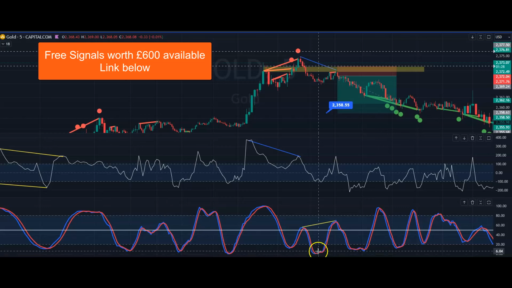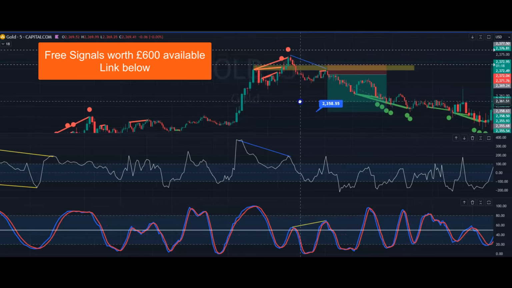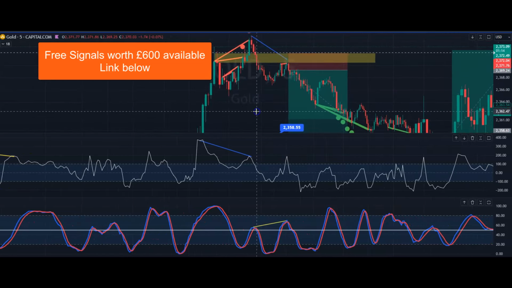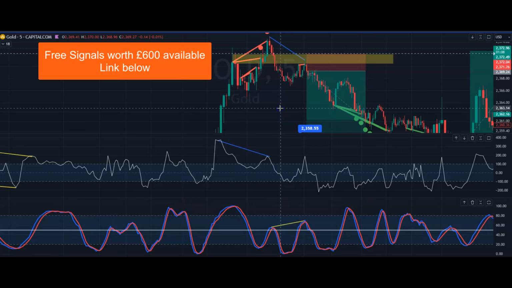If you get in here at the bottom, you're going to feel the pain, potentially, that you're going to have a much wider stop to get into that, and your risk to reward won't be any good. But as we can see here, the price coming into this liquidity zone, and then the price rejected it completely and fell down with this negative hidden divergence.